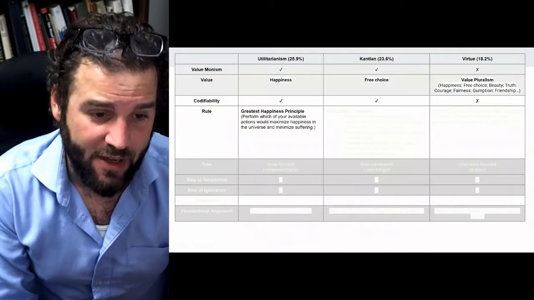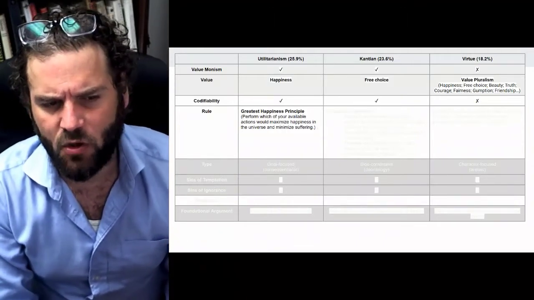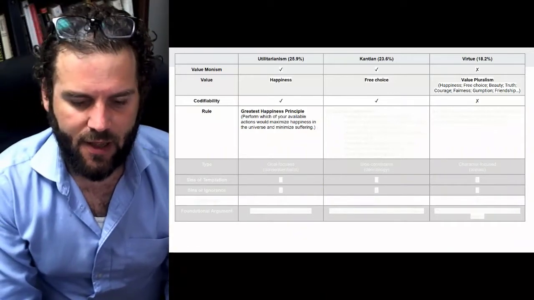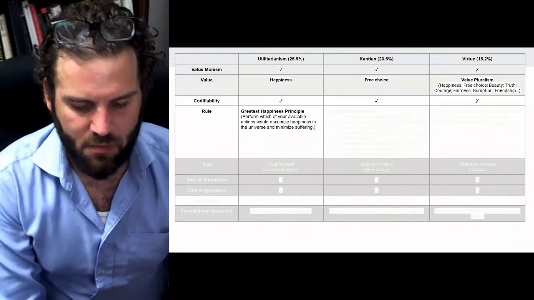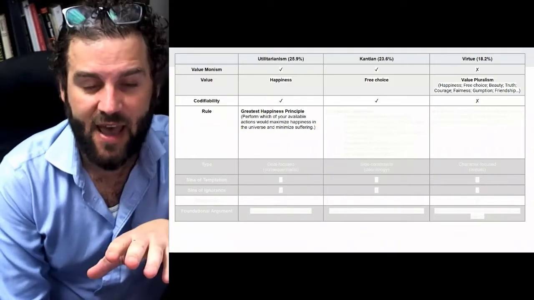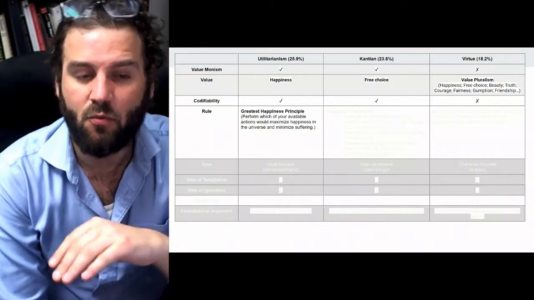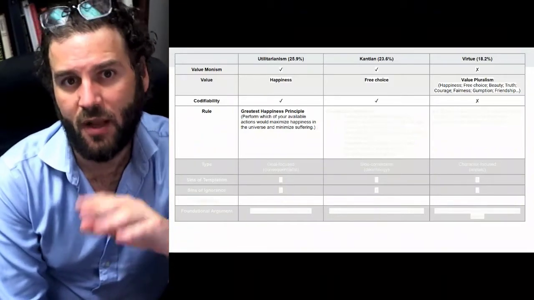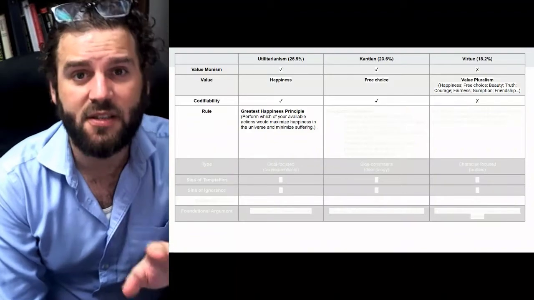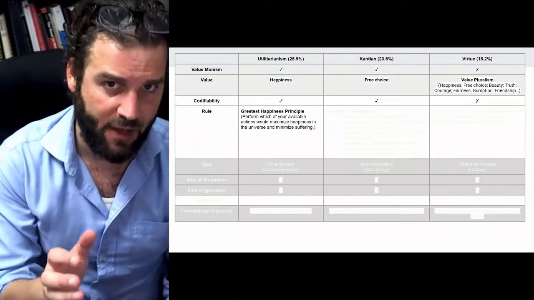For the utilitarian, what's called the greatest happiness principle, dating back to John Stuart Mill, who called it that. Perform whichever of your available actions would maximize happiness in the universe and minimize suffering. That's the right action. Wrong action is anything else that's available to you. So the right thing to do is whatever is going to add the most good to the world, make the universe a better place.